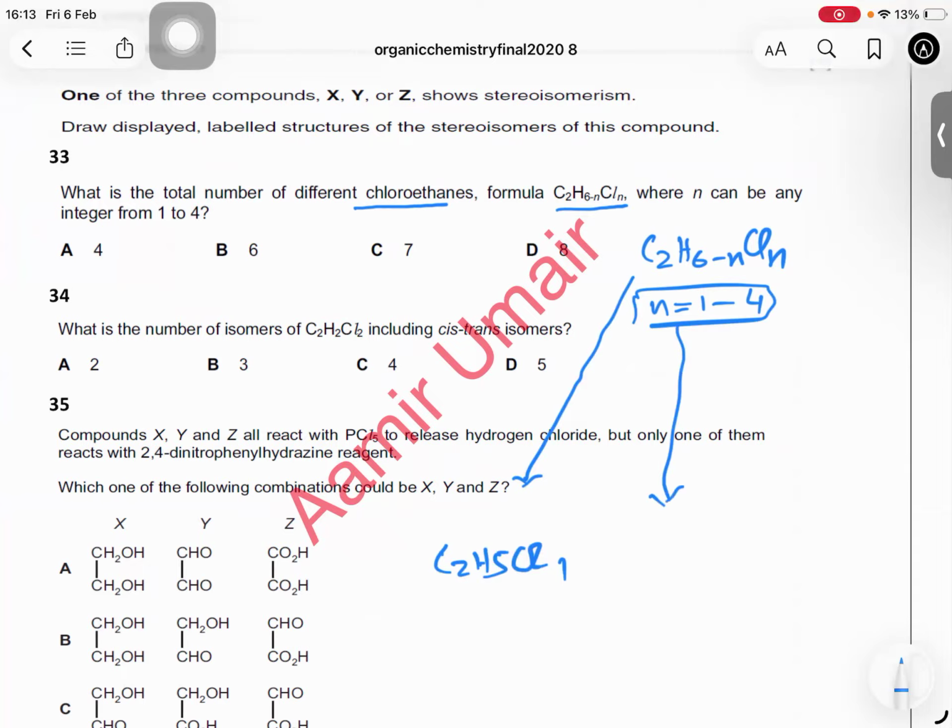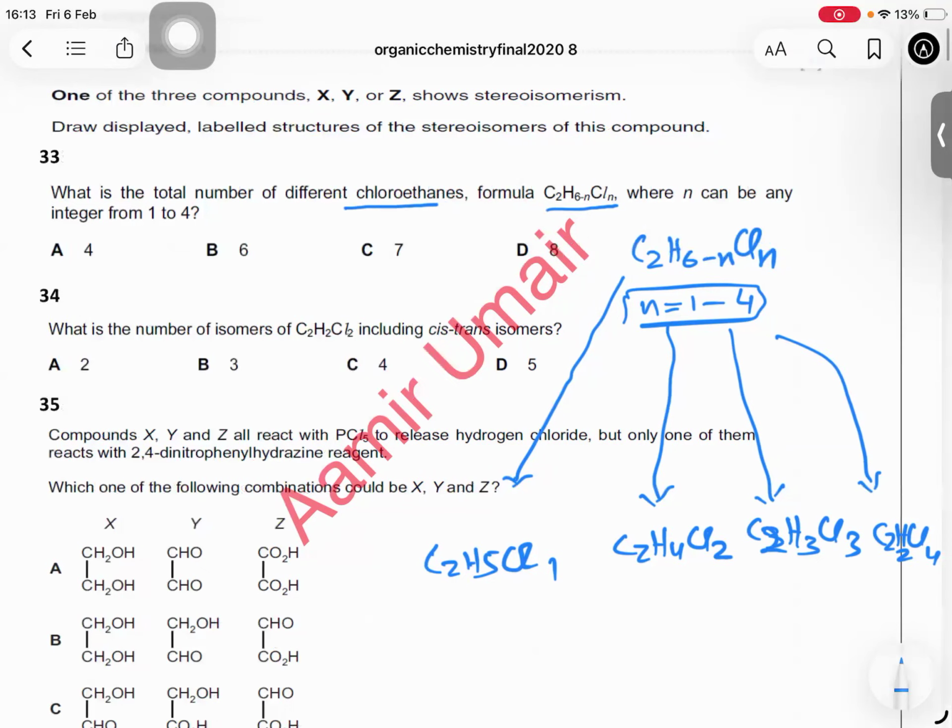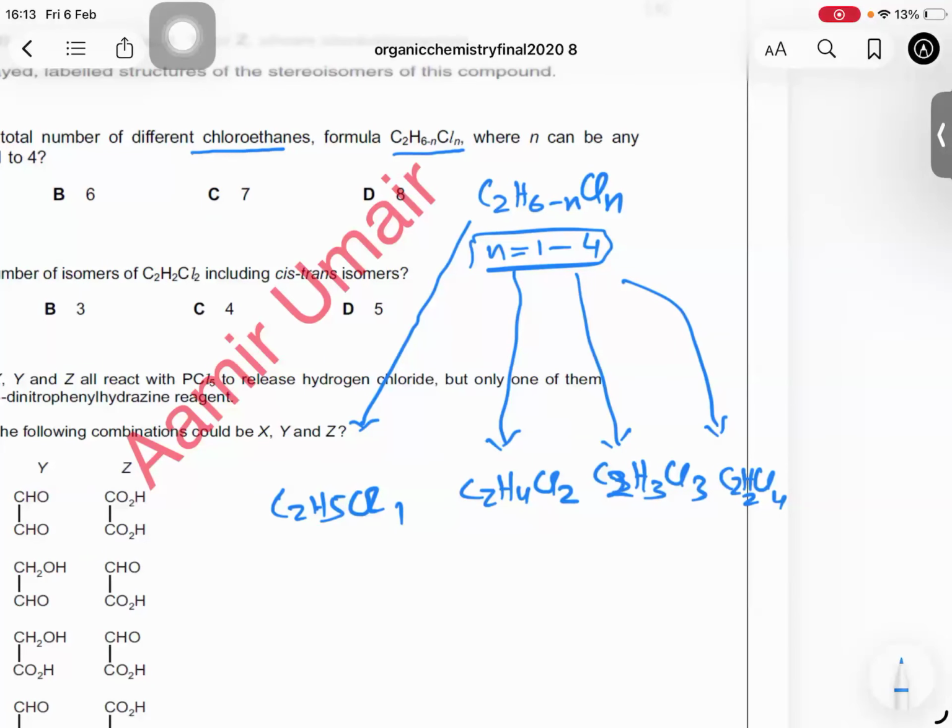If I put the value of n as 2, C2H4Cl2. If I put the value of n as 3, C2H3Cl3. And if I put the value of n as 4, C2H2Cl4. Okay, now you draw the isomers. All of them. How many of them are possible? You will have to write all this in the exam.